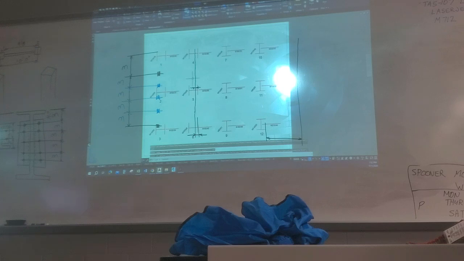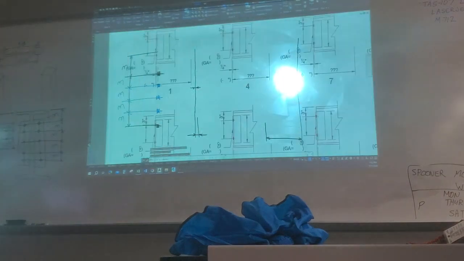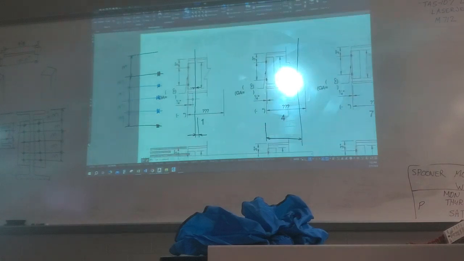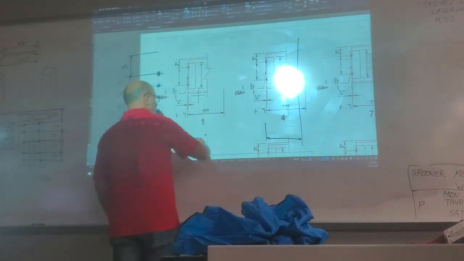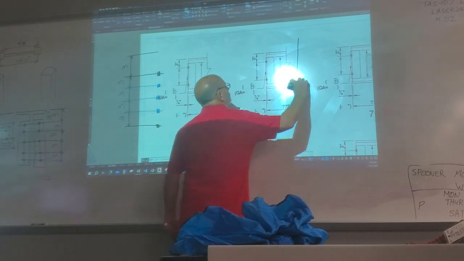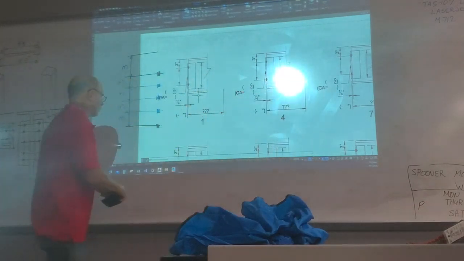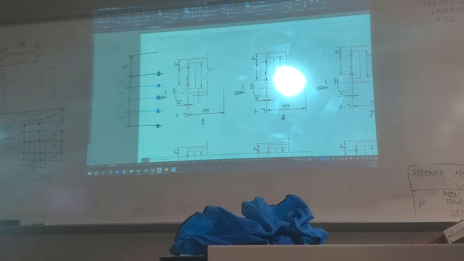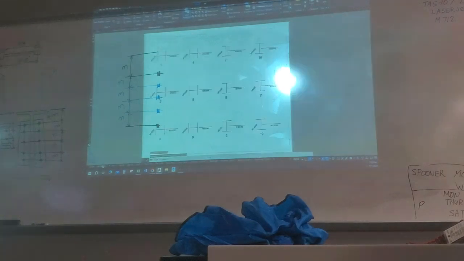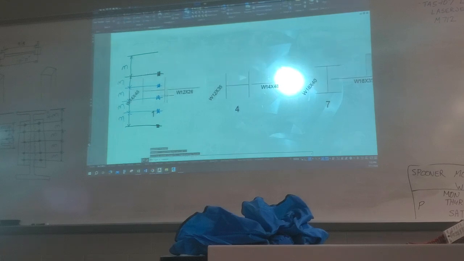So this is your first sheet that you received. This is your second sheet. So if I zoom in on one of these, I believe on that first sheet, that first one up here is a W12 by 26 going into the flange of a 14 by 48.